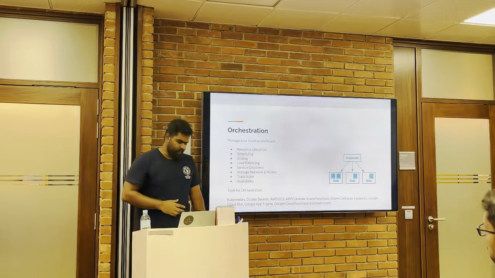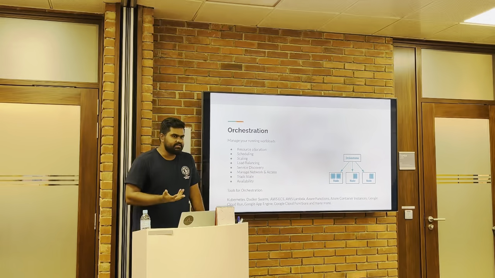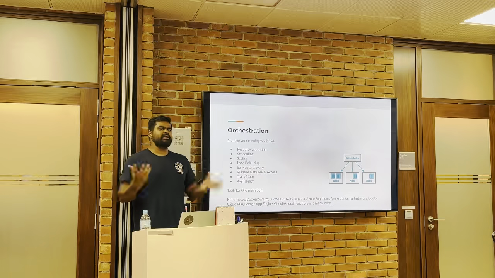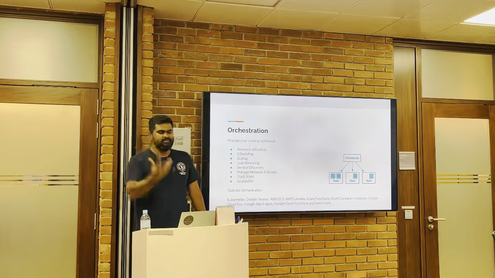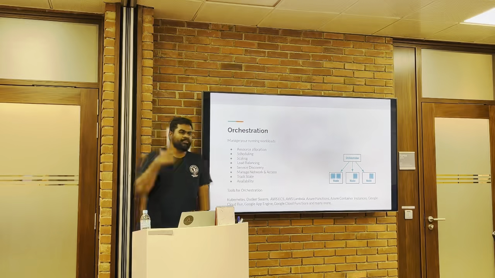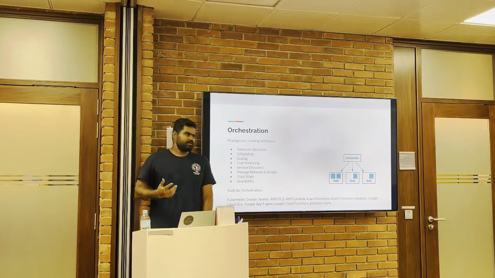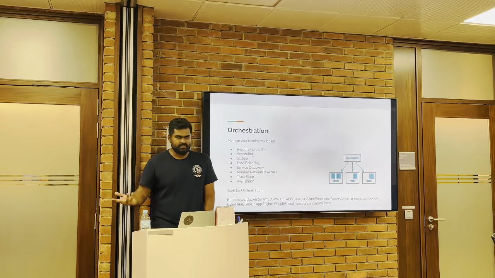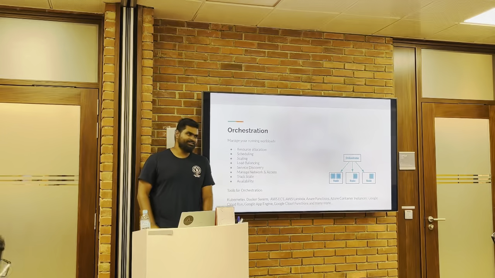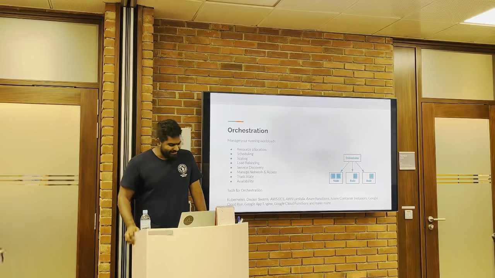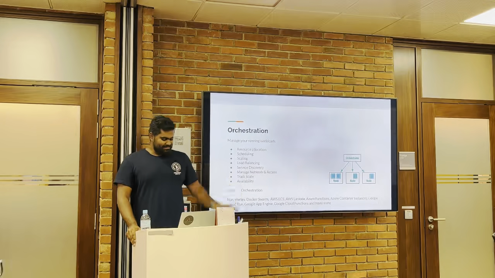Which container runs where, how to schedule it, how to scale it, how to do the network discovery, track the state of it, and if there's problems with it, kill it and restart it somewhere else, stuff like that. This is what an orchestrator does. So Kubernetes is the open source solution for this. And there's Docker Swarm, but nobody uses Docker Swarm anymore. It's dead, sort of a thing. Rest in peace. But Kubernetes is the main one.